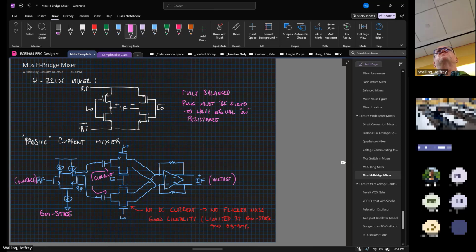So when we're using the mixer as a switch, we're not subject to flicker noise. It's a big benefit to passive. Now that said, that baseband amplifier definitely has flicker noise, so you're just moving your problem from the mixer to the baseband amplifier.